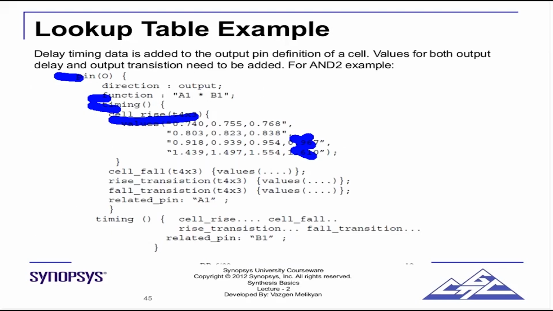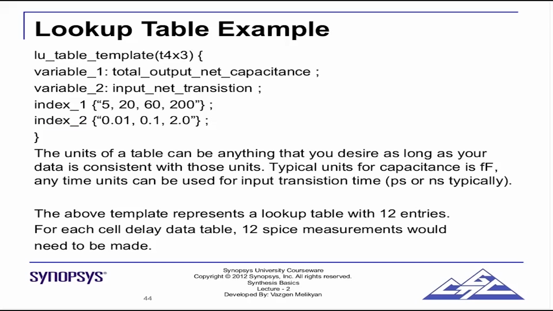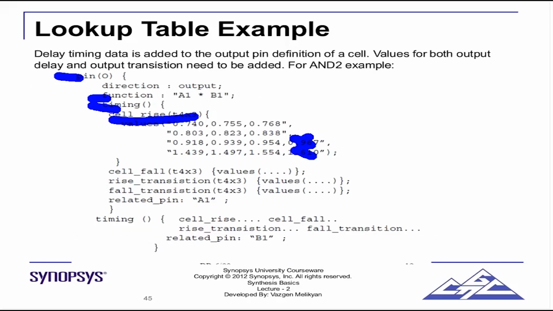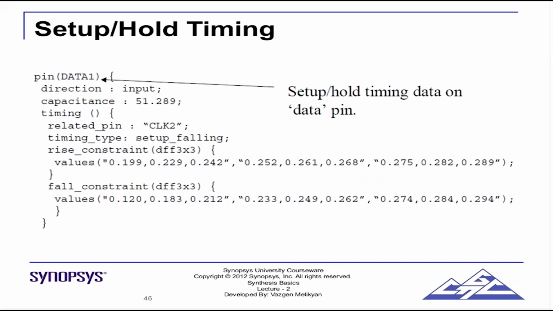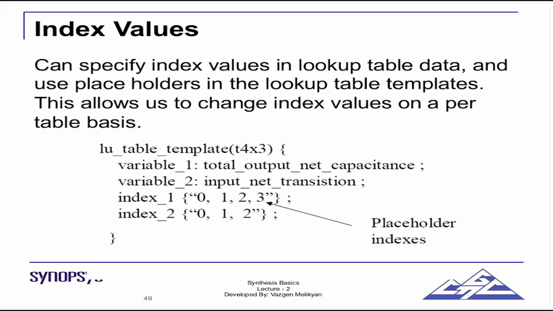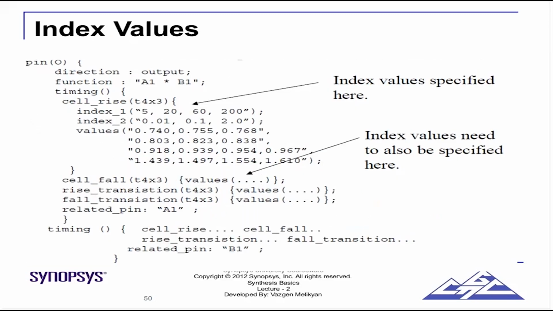In this example, these are real characterization values, and we are filling the delay values here. There's one more way of doing this: we use placeholders here and just tell how many points there are. So these are just dummy values. But when it comes to writing the values here, we specify the actual values of characterization.